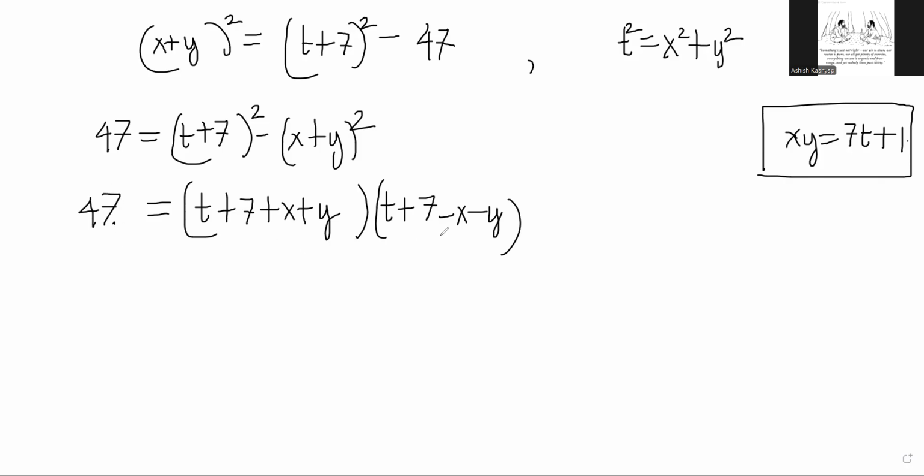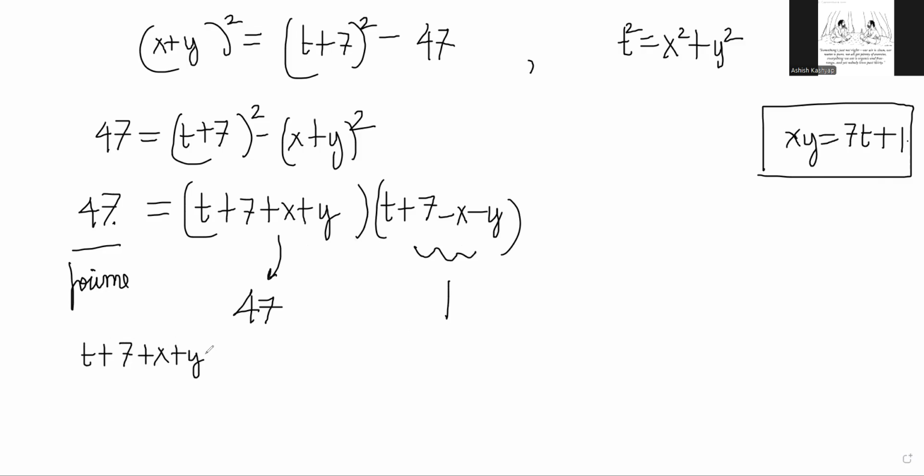So it's a product of two integers equal to 47, but 47 is prime. So obviously this must be 47 and this must be 1, because prime numbers can only be written as the product of itself and 1, right? So once I know this, I will easily be able to solve.